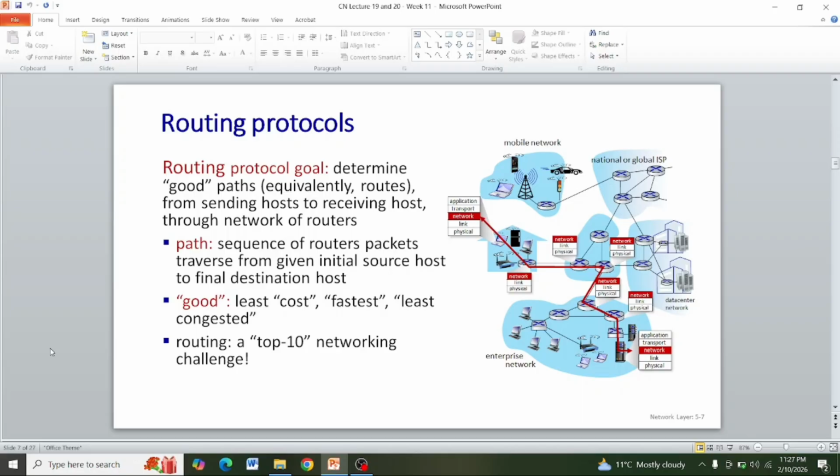This is the path that any packet follows to move from source to the destination. So the routing protocols actually determine a good path that is of least cost, that is the fastest and least congested path from source to destination.